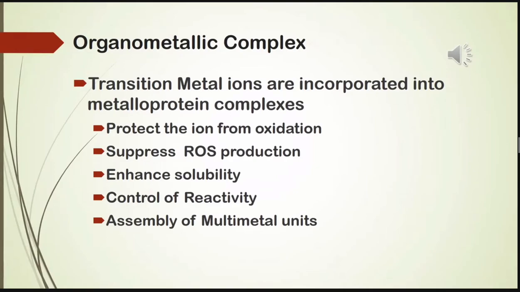They enhance solubility of these metal ions, making them easier to absorb and to transport. They can control the reactivity of these metal ions. And you may be able to assemble these metal ions into multi-metal units, meaning that for one enzyme, you can have more than one kind of metal ion present.